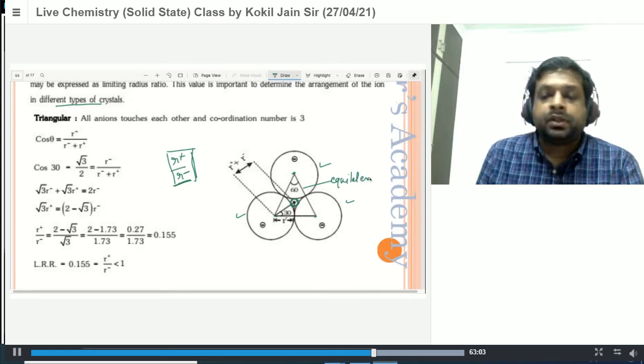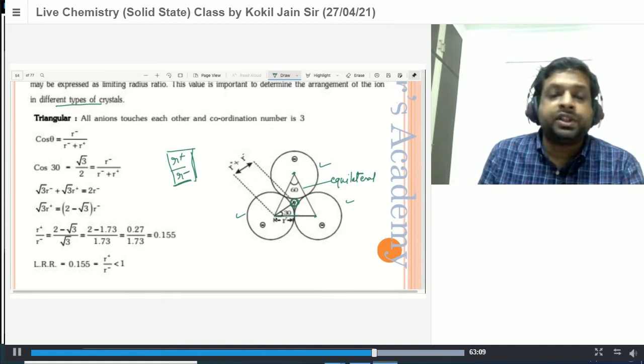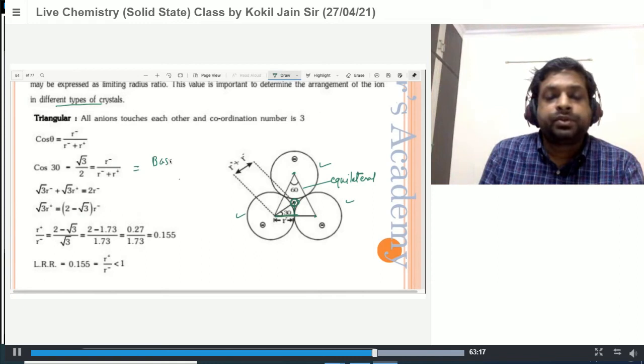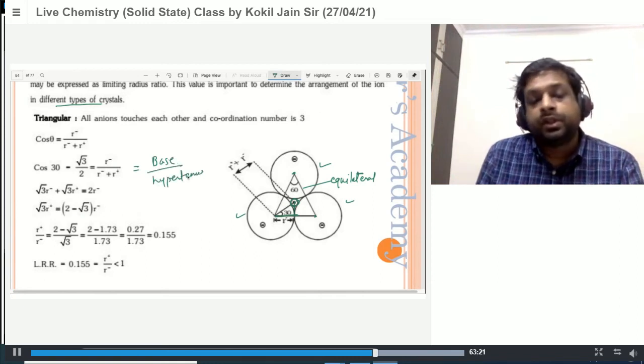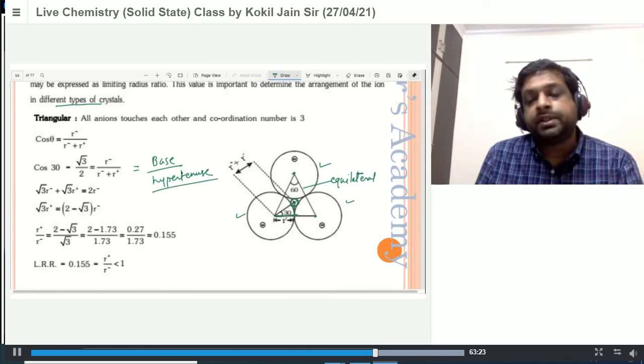Okay. Now this angle is 30 degrees. In this overall calculation, we are going to calculate cos theta, which is base divided by hypotenuse. Now see here, this base is of equal length R minus.